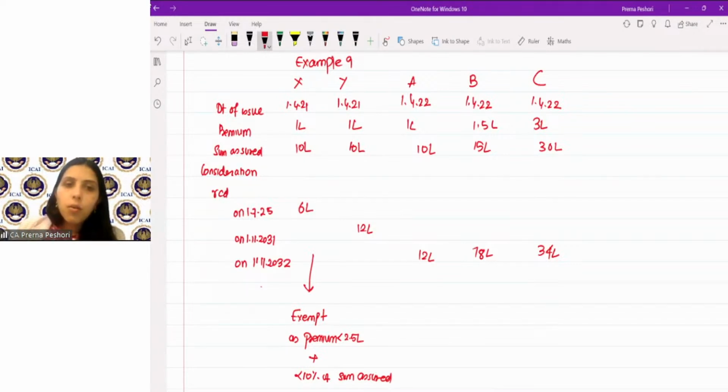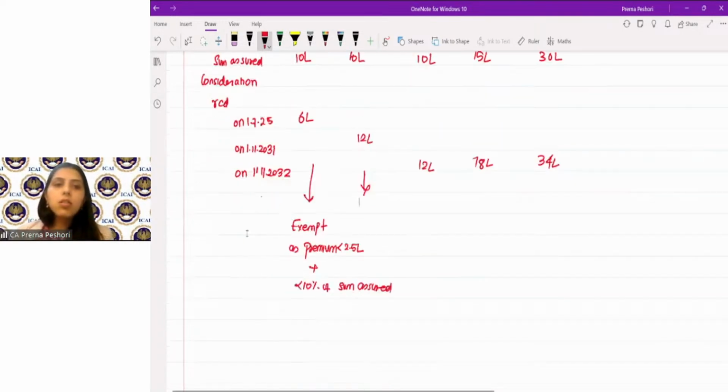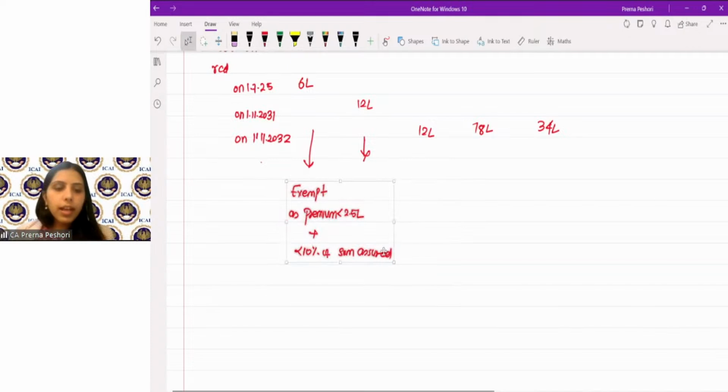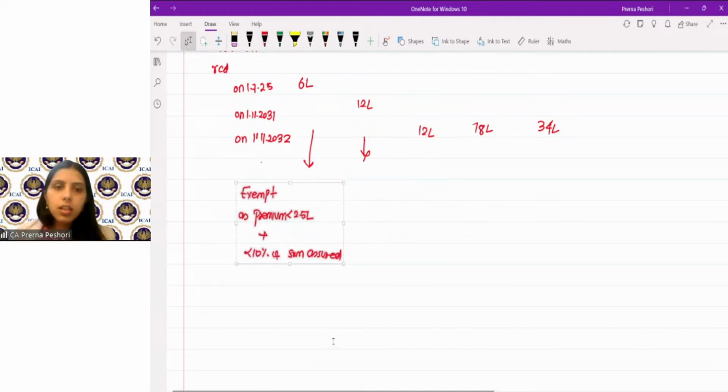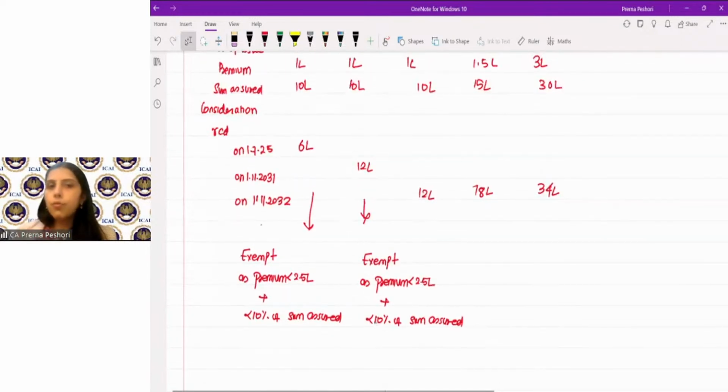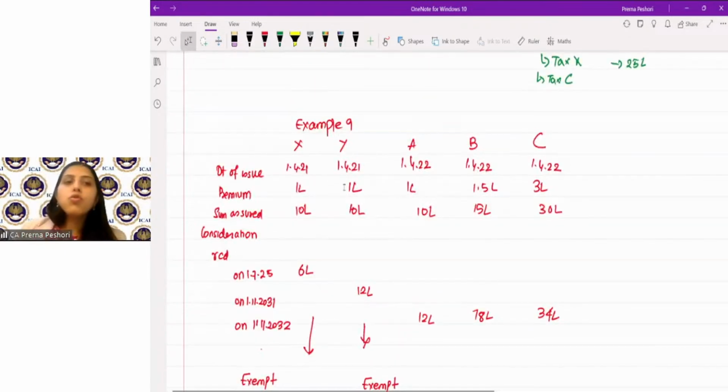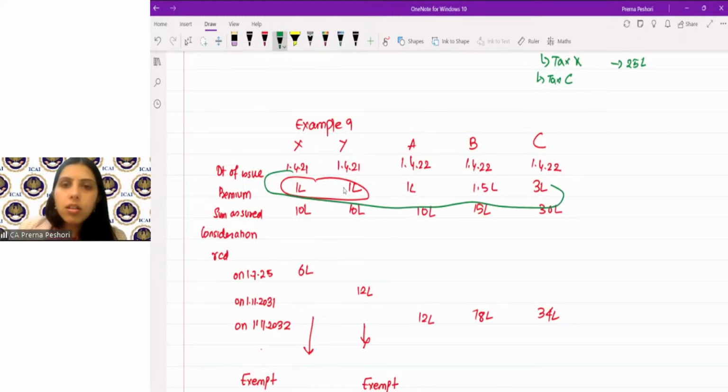right? Y will also be exempt, right? Because here also the aggregate premium is less than 2.5 lakh, right? So these two will be exempt very clearly. Now, if you see all these, this premium exceeds 2.5 lakh.